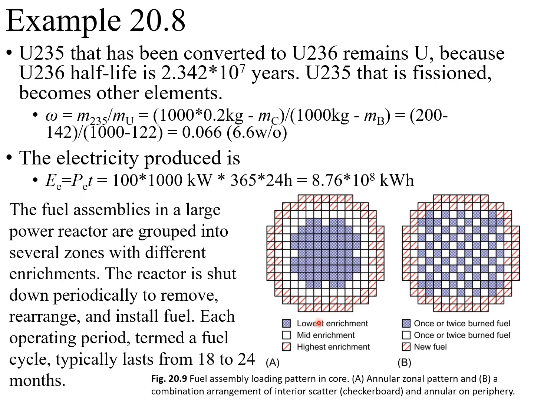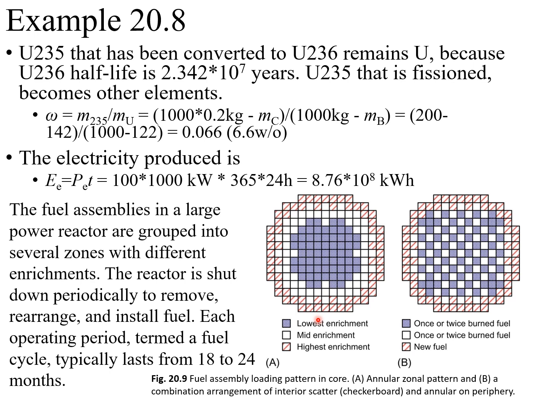In a real reactor, the fuel assemblies are grouped into several zones. Each zone will have a different fuel enrichment. In this figure, you can see there are two different arrangements of the fuel. In the left figure, you have the lowest enrichment of the fuel at the center, then the highest enrichment at the boundary.